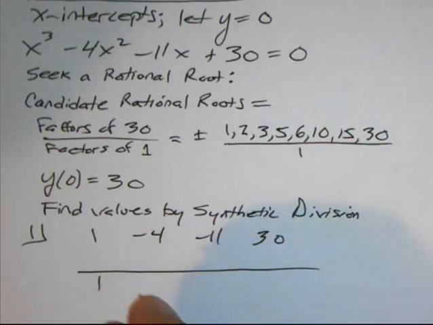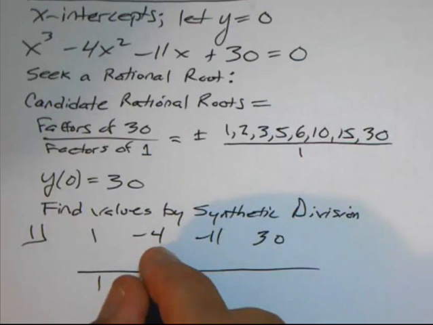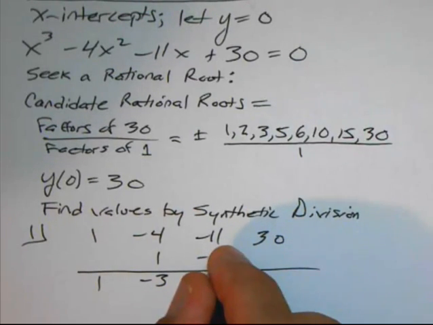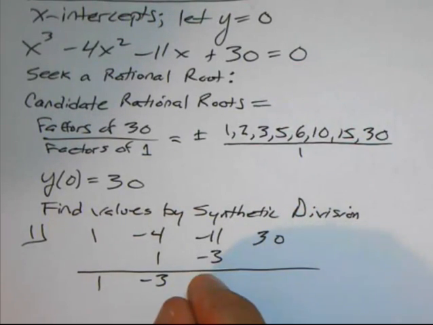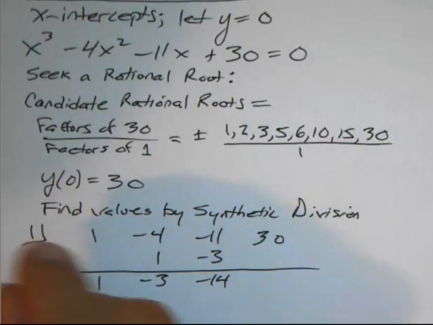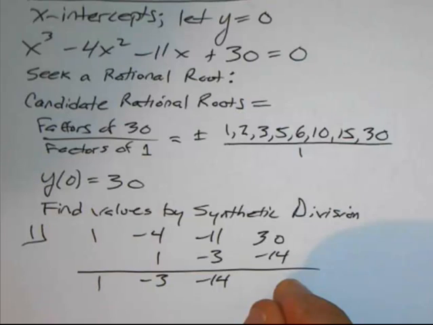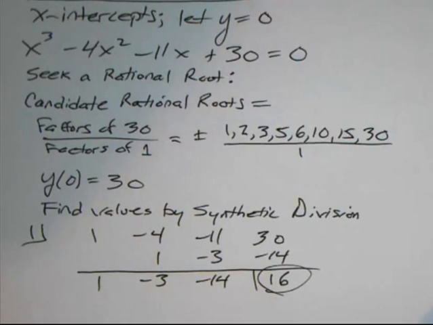Drop down the 1, multiply 1 by 1, get 1, add the column, negative 3. Multiply 1 by negative 3, negative 3, add the column, negative 14. Multiply 1 by negative 14, negative 14, add the column. It's positive 16. This is the value of the polynomial at x equal to 1. It's not 0, so we have not got a success here for finding a root.